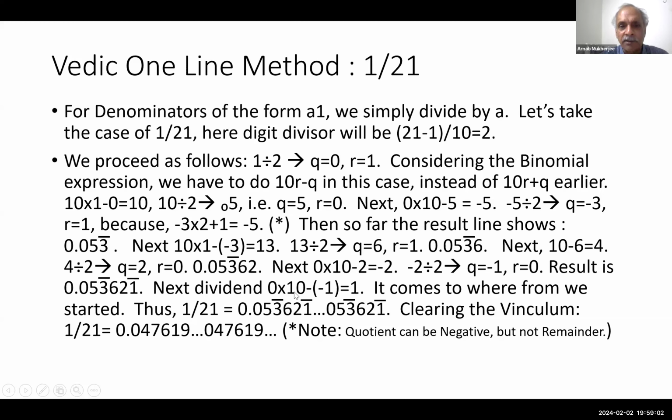Now next dividend again, we find it will end up in 1. So therefore, we started from 1. So therefore, 1 by 21 is 0.053 vinculum 6 2 1 vinculum.